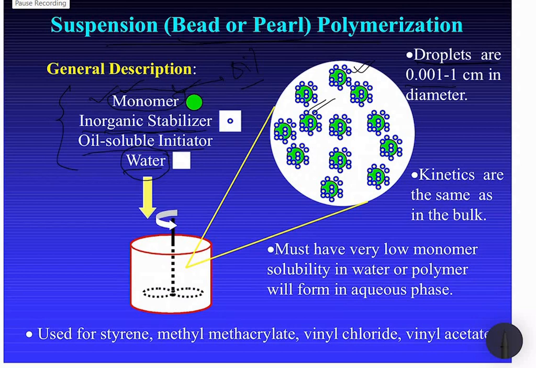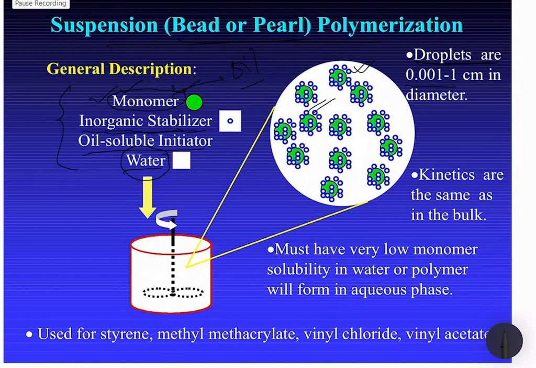Now once this polymerization is over, the polymers will be denser, so they will try to settle down once the monomers are converted into polymer, because of the densification of the suspended particles.